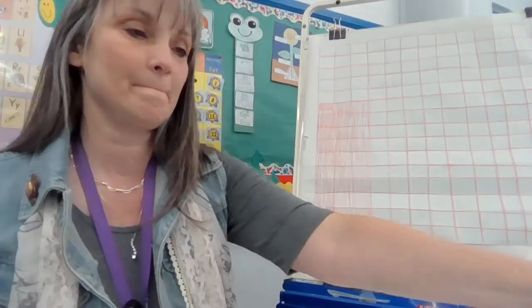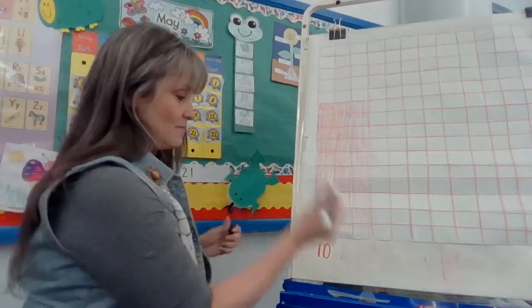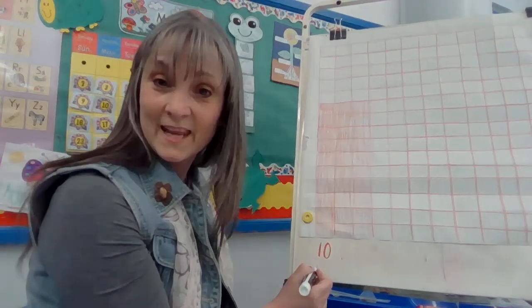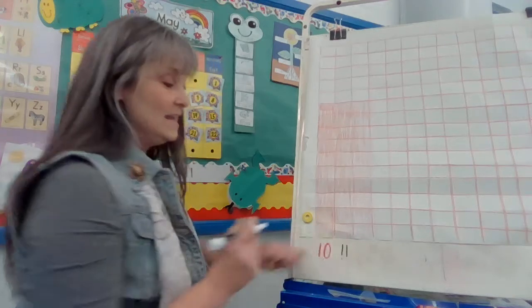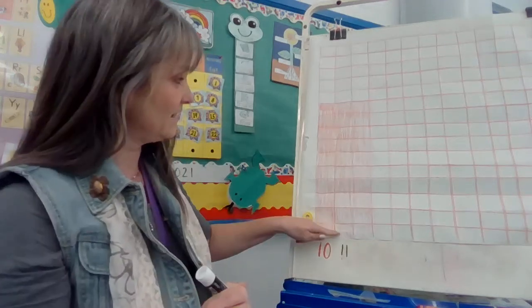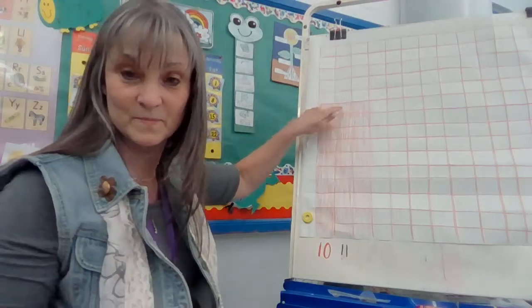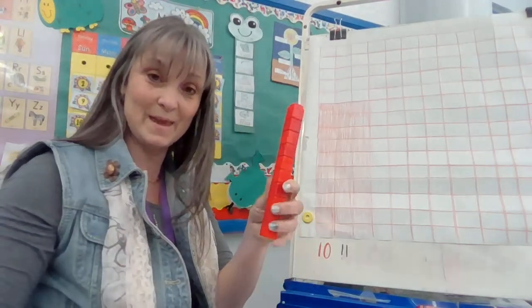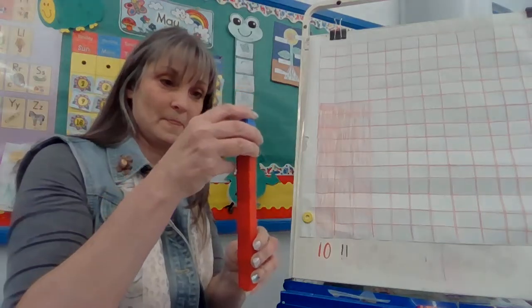Now, down here at the bottom, I wrote the number 10. And right next to it now, I'm going to write 10 and one more. So that is 11. Now, again, I have already colored 10 cubes. What do I need to make 11? 10 and one more.